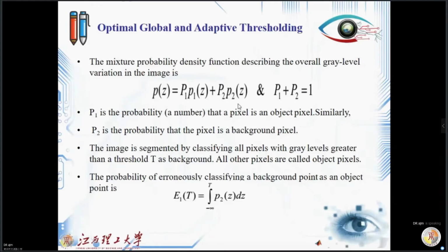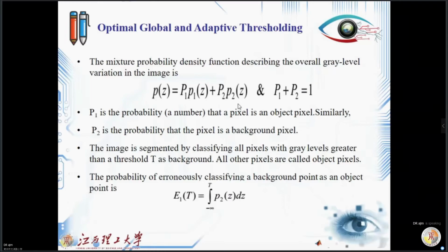Similarly, P2 is the probability that a pixel is a background pixel. The image is segmented by classifying all pixels with gray level greater than threshold T as background. All other pixels are called object pixels.